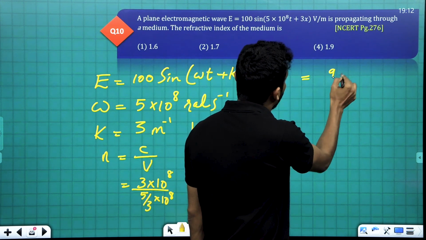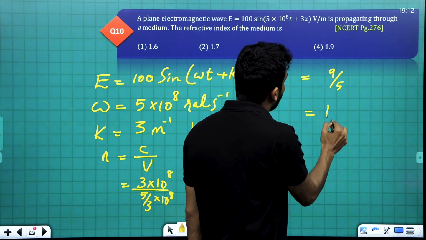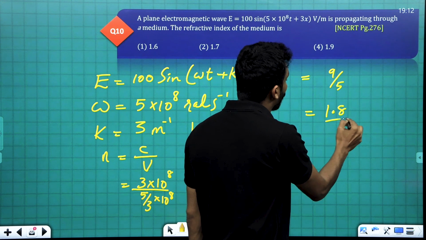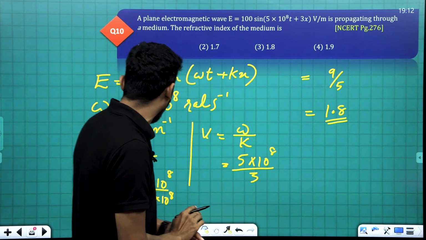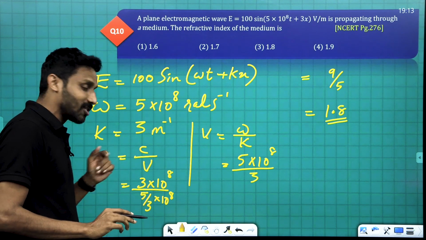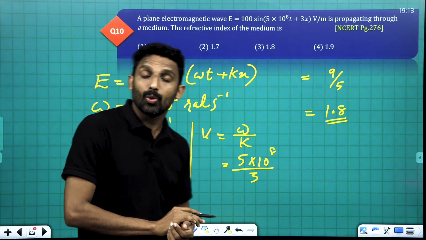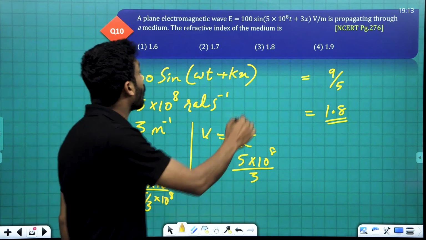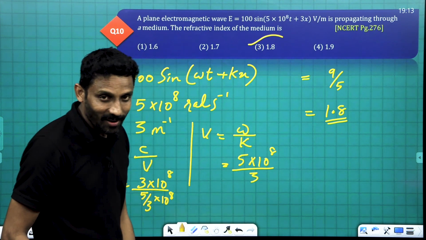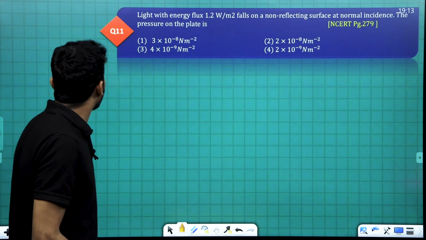It is 1.8. Refractive index has no SI unit. It is the ratio of similar quantities, speed by speed. So, refractive index is unitless and dimensionless. The answer of the question is 1.8, third option. Clear? Yes. Moving to the next one.